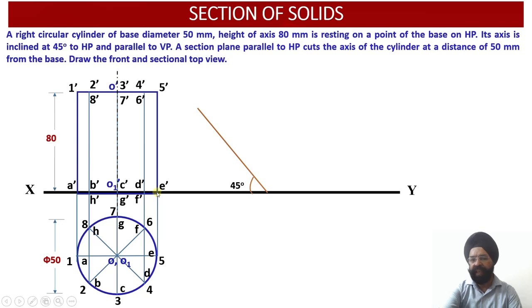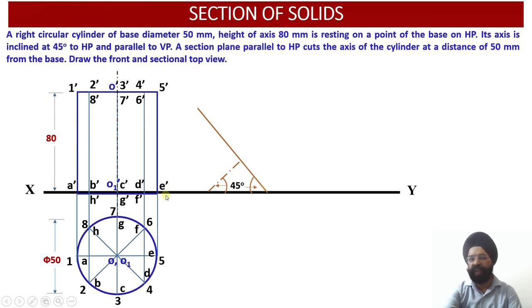Once again, this is point 1, E dash stands for point 1, D dash, F dash stand for point 2, this is point 3, this is point 4 and this is point 5. All these 5 points will be marked over here, and once you mark all these 5 points onto the baseline, the vertical projector through all the 5 points, which will be equal to 80 millimeter, will have to be drawn.